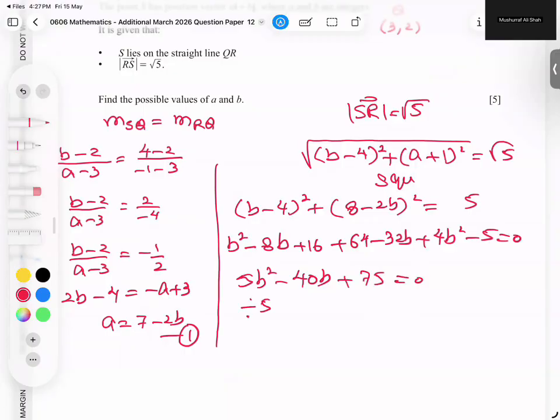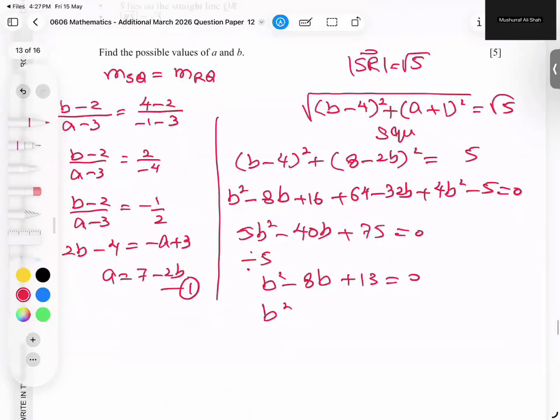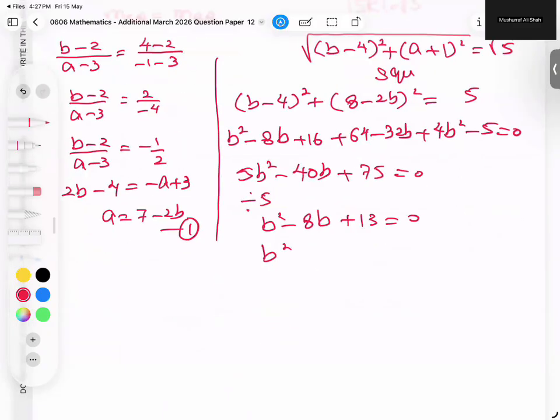Dividing by 5 is not compulsory, but it makes the question easy. So 5 ones are 5, 5 threes are 15. Now students, we can factorize. 15, this is a 15. So 5 threes are 15.